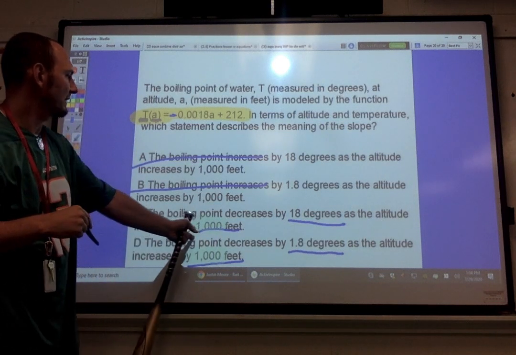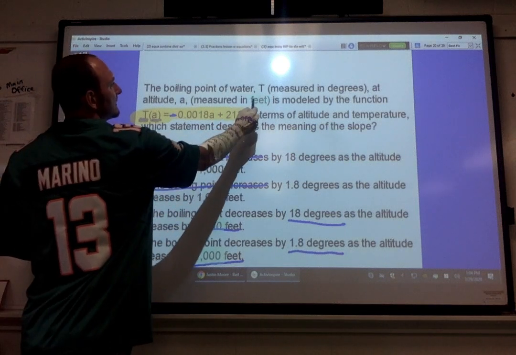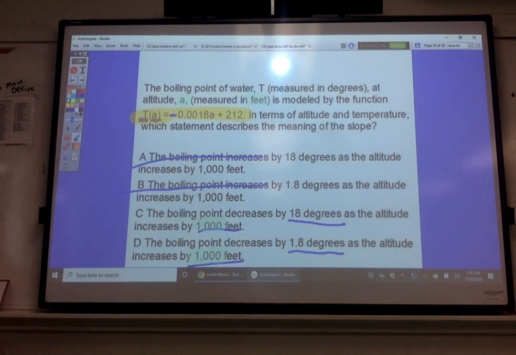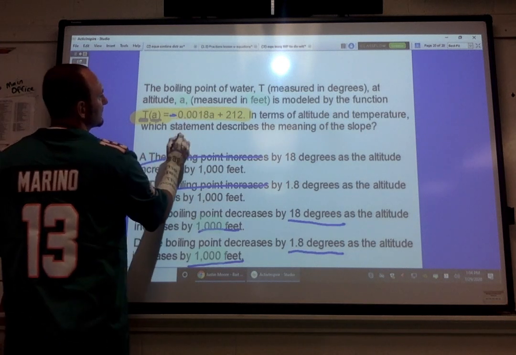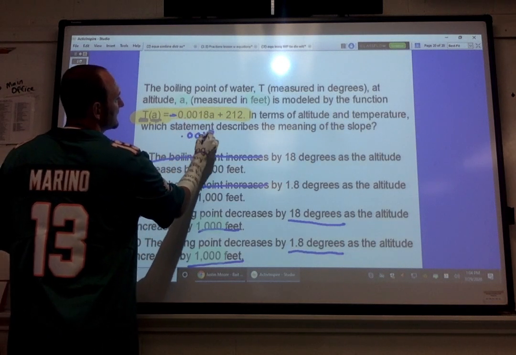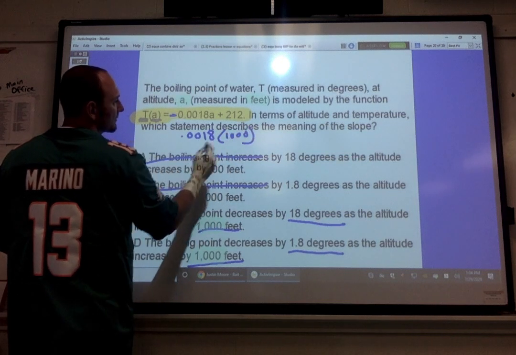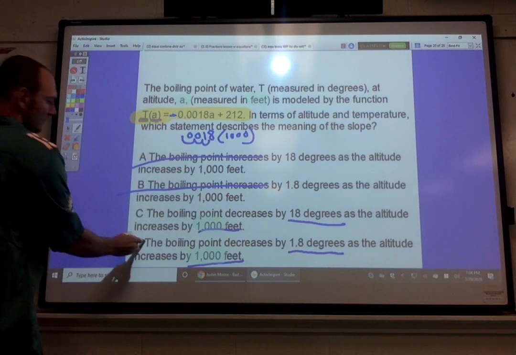It says 1,000 feet. Well, feet is the letter A. So when I plug in 1,000 for A and work this out, I'll have my answer. So 0.0018 times 1,000. It's really moving your decimal 3 places. 1, 2, 3. We find it to be 1.8.